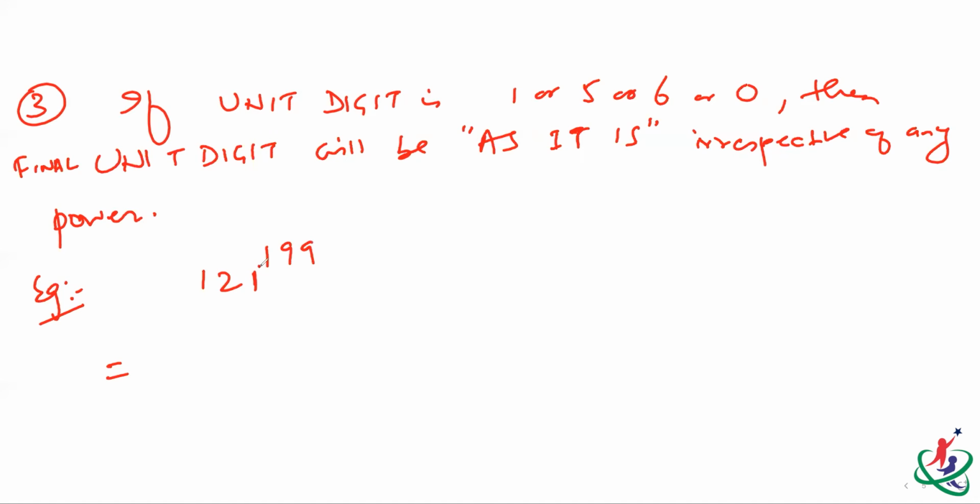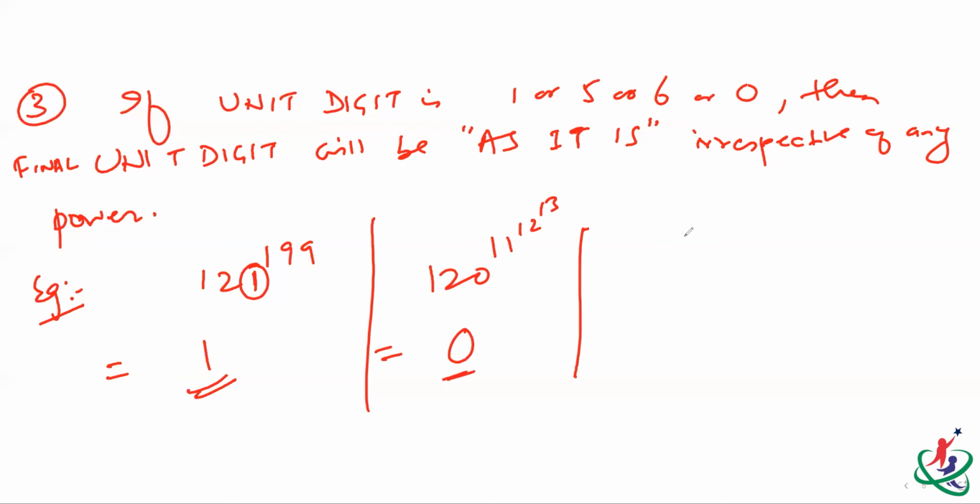The moment you saw here 1, you don't need to think anything. 1. अगर यहाँ 0 होता, 120 to the power whatever, let's say 12, 13. The moment you saw 0, 0 is your answer. The moment you saw 5, 5 is your answer, 6 is your answer, right? So 126, 6. The moment you saw 6, 6, you don't need to think about anything else.